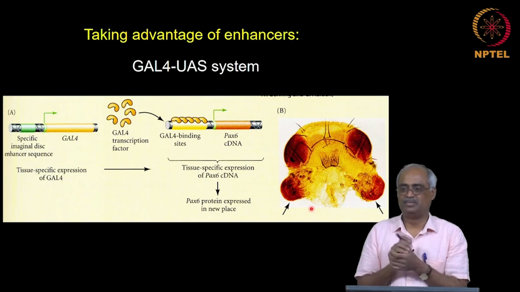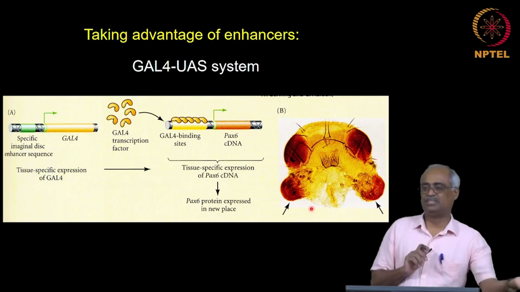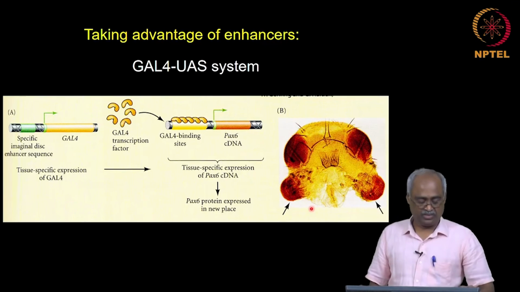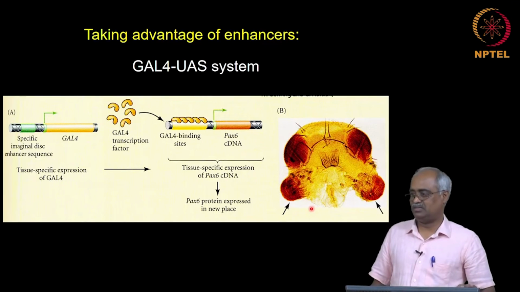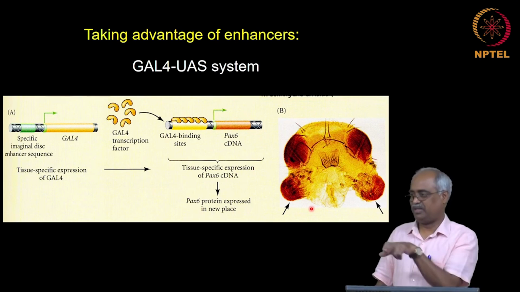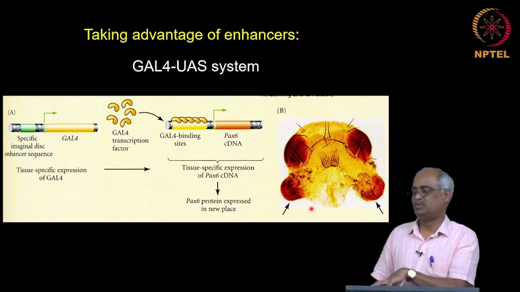That is the main reason. In the previous one also it is the same. You want to know, if I activate PAX6 I will see this phenotype, or rather if I express PAX6 in different imaginal discs, what happens. That is what you are testing.